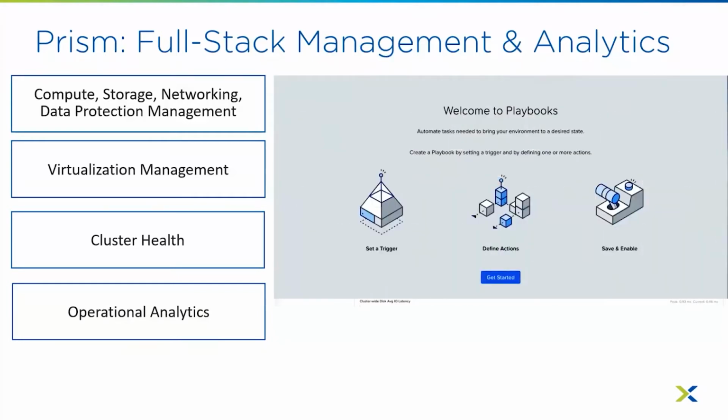And then lastly, we'll cover this as part of the live demo, but the Crossplay technology really encompasses Playbook. What a Playbook is within Prism Pro is that we set a trigger for an event. Once we set that trigger, we can define an action or set of actions to take once that trigger or event occurs.